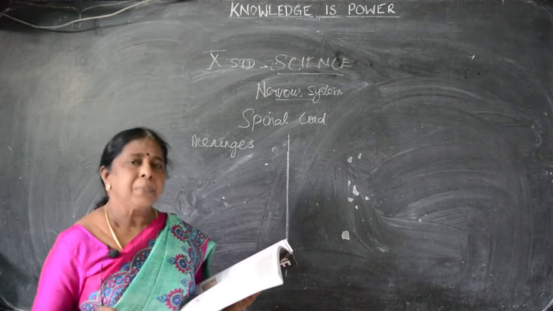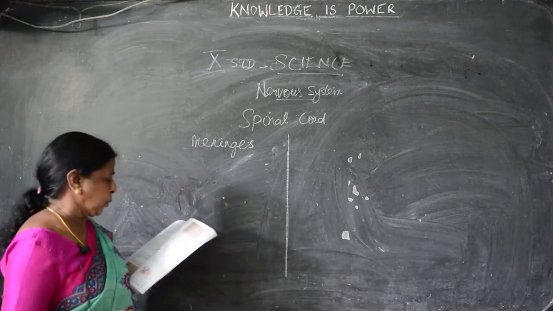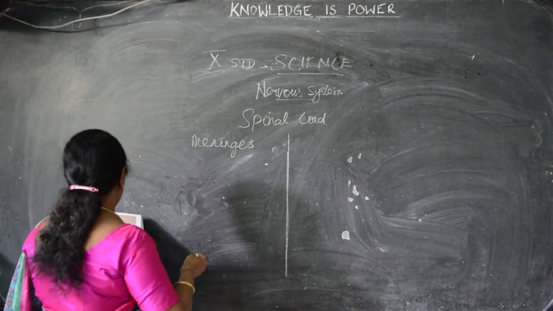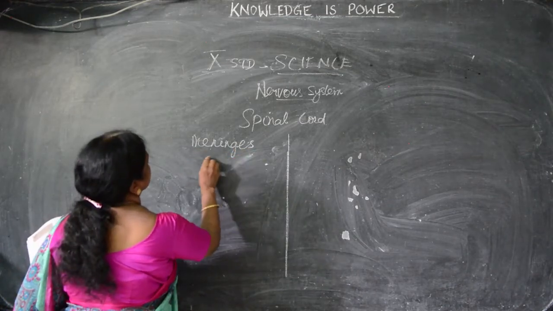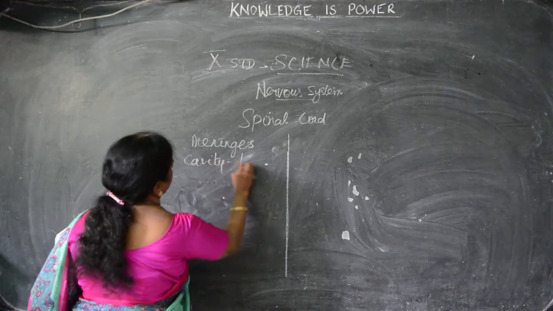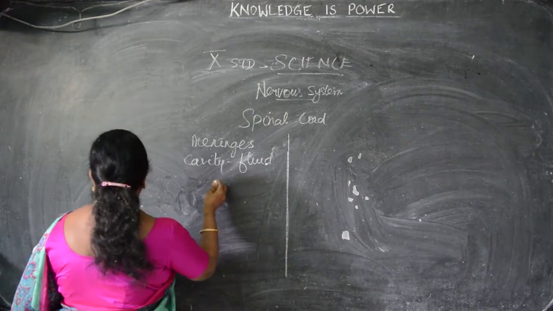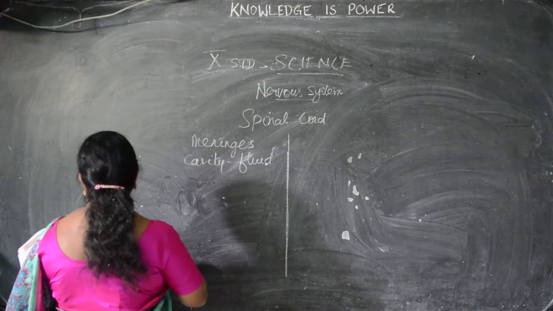There is an anterior portion and a posterior portion. So here also it is covered by meninges. The cavity is filled by a fluid. The fluid is known as cerebrospinal fluid.